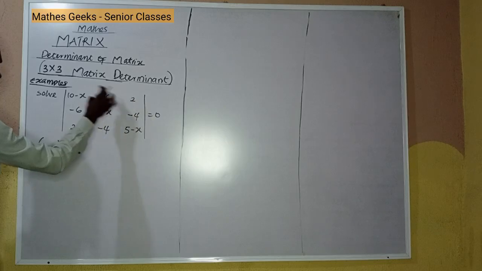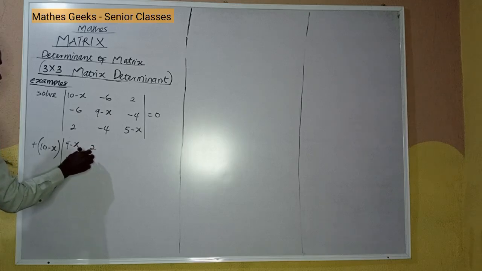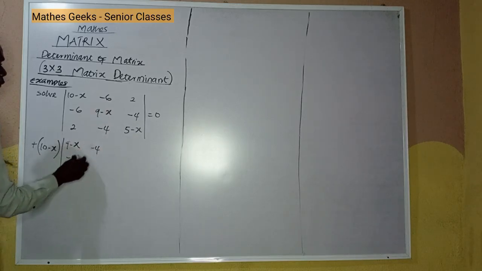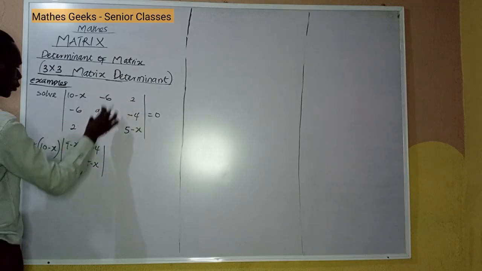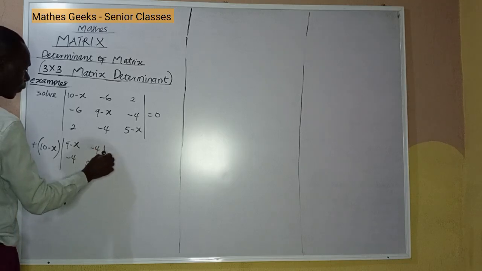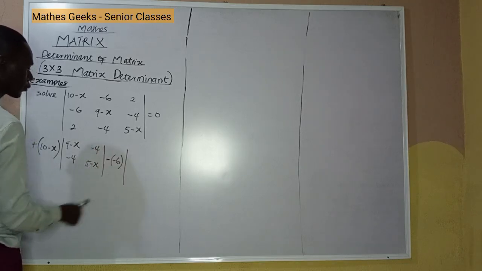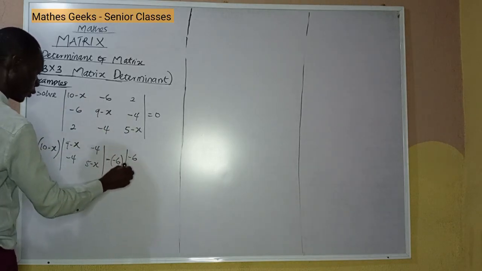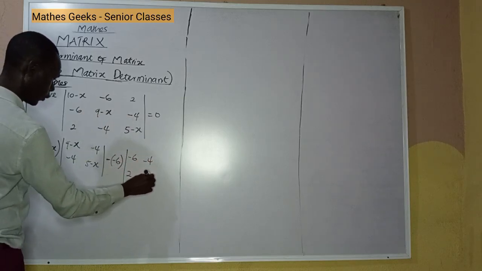First row, first column, 9 minus x, then the matrix [-4, 2; -4, 5 minus x]. First row, second column, minus 6, then the matrix [-x, 2; -4, 5 minus x].